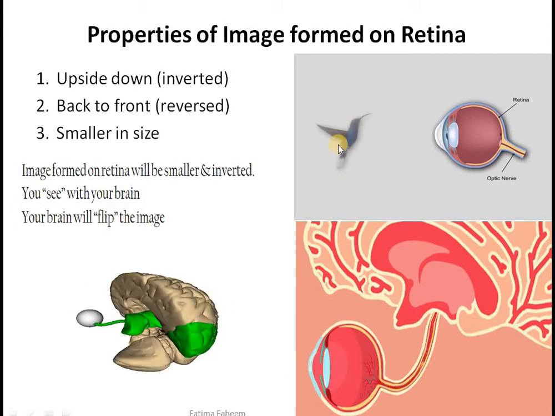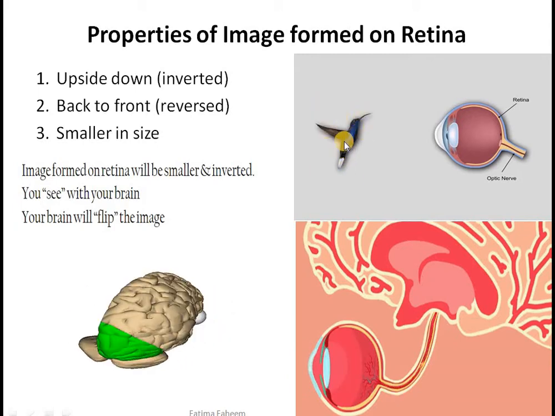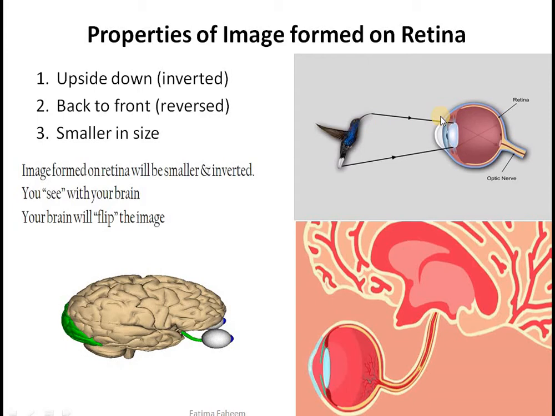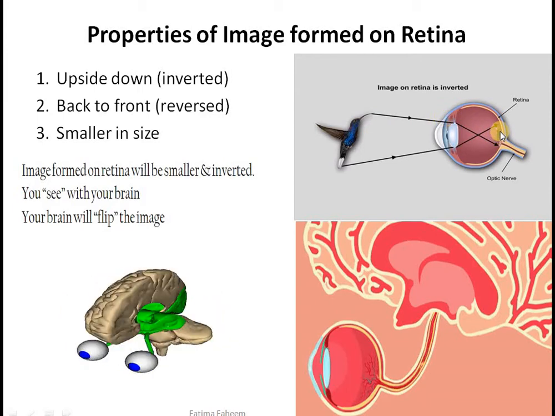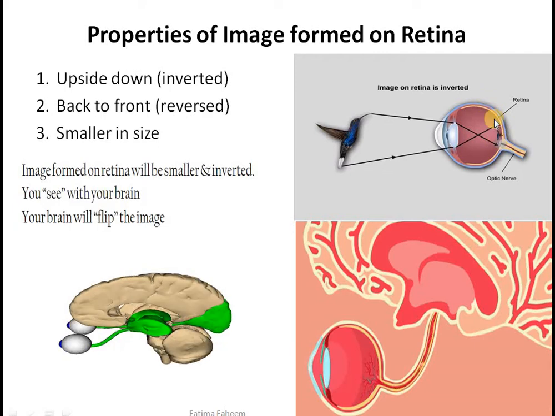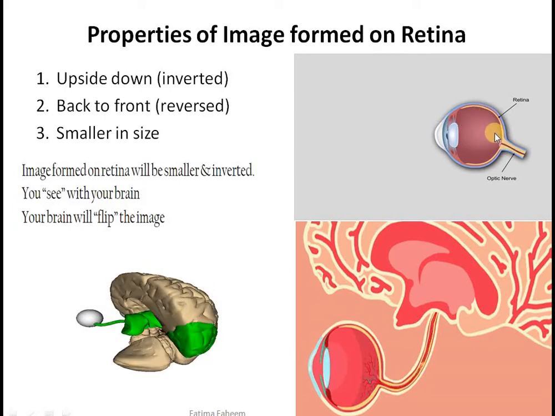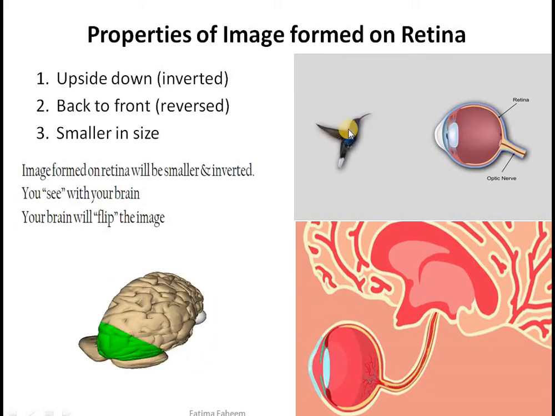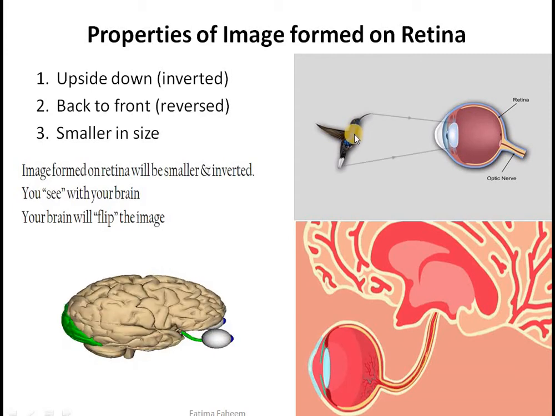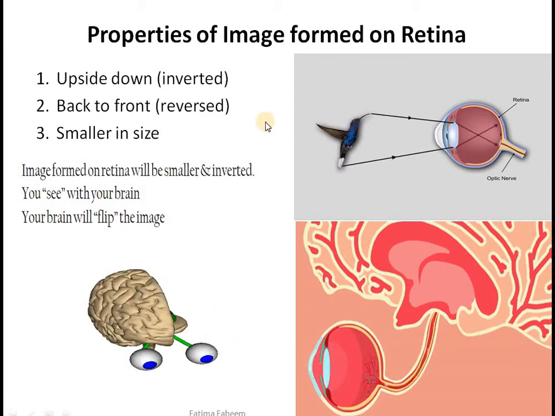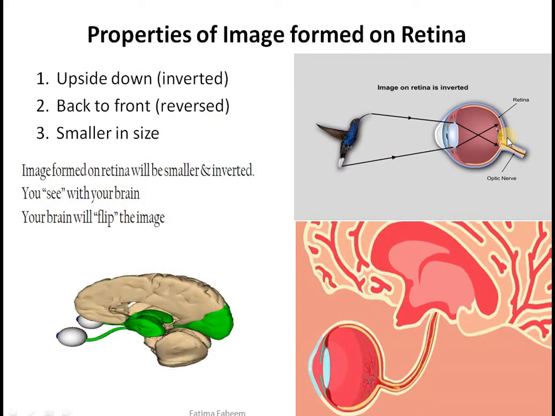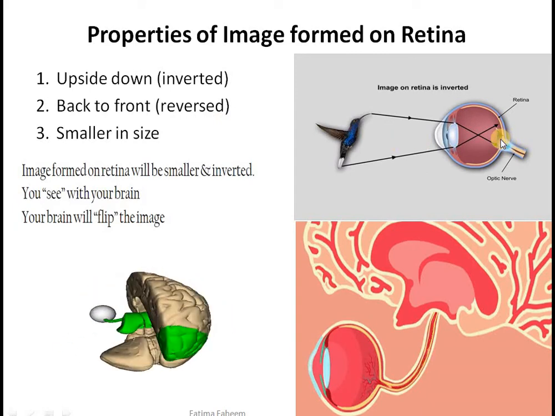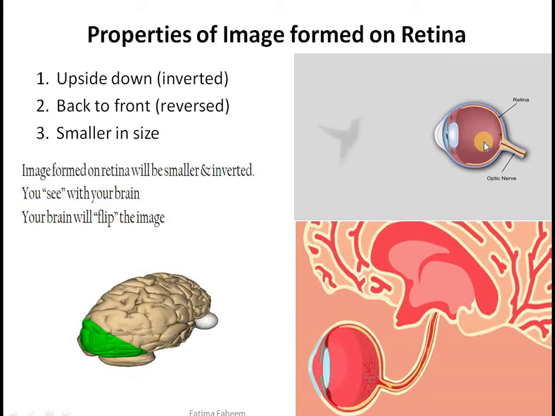If you are looking at any object, the light rays would strike your cornea and would converge onto your retina, and on the retina the image formed would not be exactly what you are looking at. It would be upside down, that is inverted. It would be back to front, or you can say it would be reversed, and would be diminished. Diminished means smaller in size.